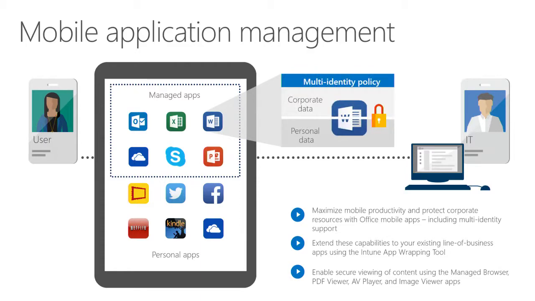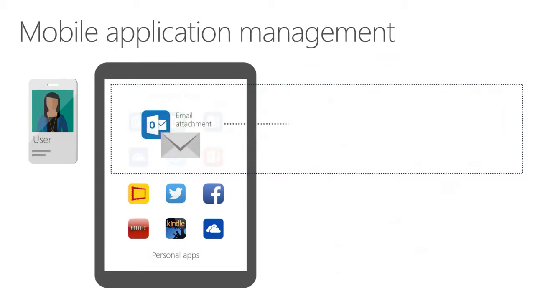So when they have a dual persona, like a work and a personal, we can manage them separately. So only the work part of the app is managed by the policy. The personal is allowed to be separate. So that means when we need to do things like remote wipe, we can just take away the work part of an application. It also means we can protect against taking data out of applications.